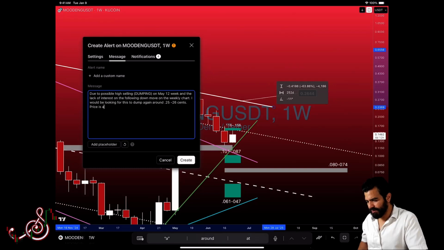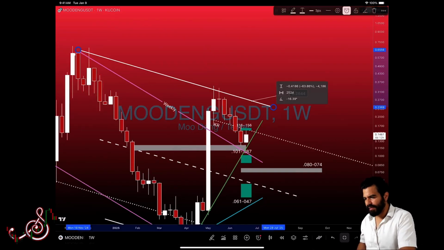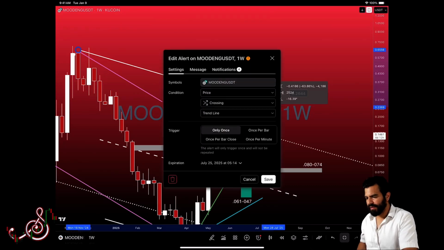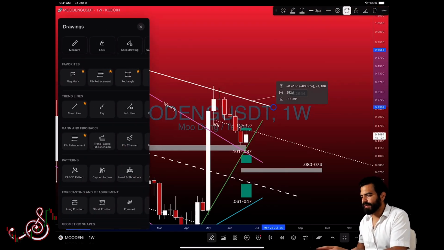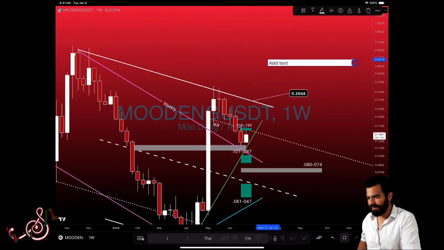Price is also possibly at a support. Therefore, if I was in a buy position, I would be looking carefully around a quarter to take profit. Okay, so that's the message I gave myself for the alert, and I will also put that as a text box, just so I'm reminded if price ever hits there.